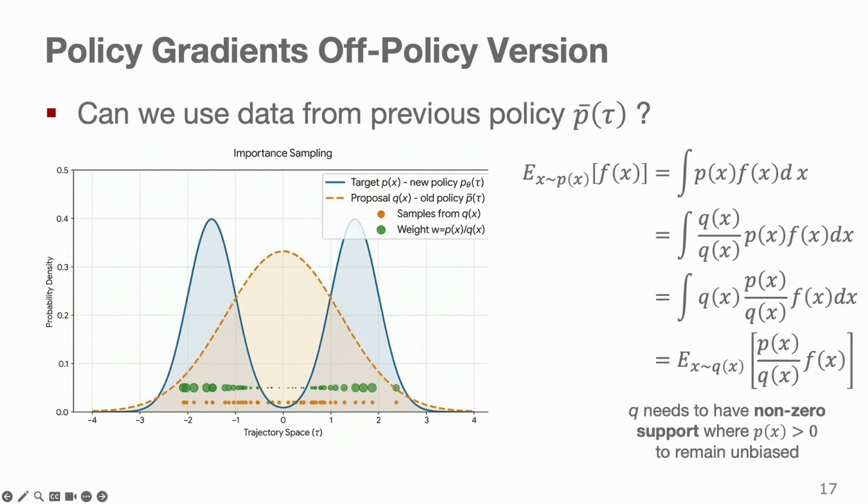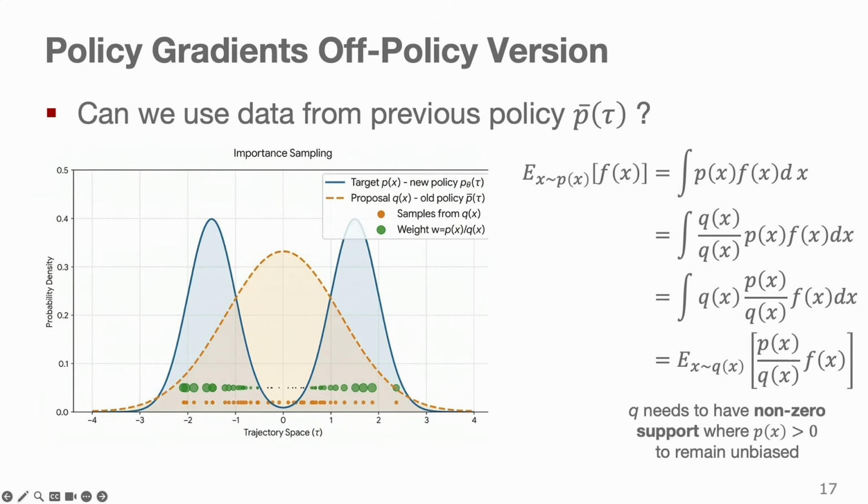In our case, we want to compute our expectation over a target distribution, p of x, so this would be our new policy. But we only have access to samples from q of x, which is data collected with our old policy.